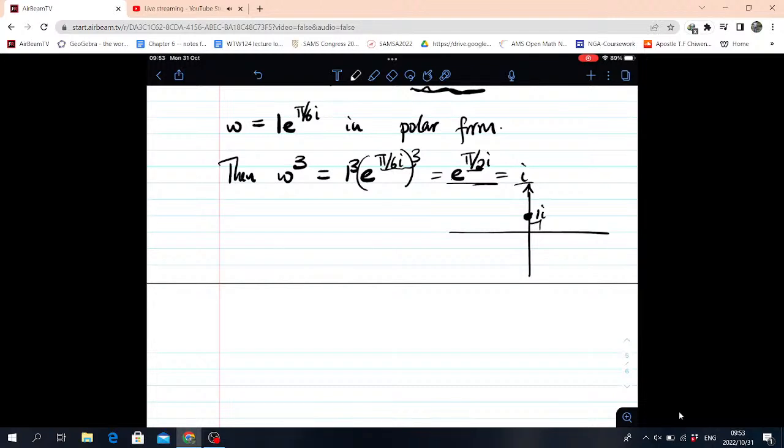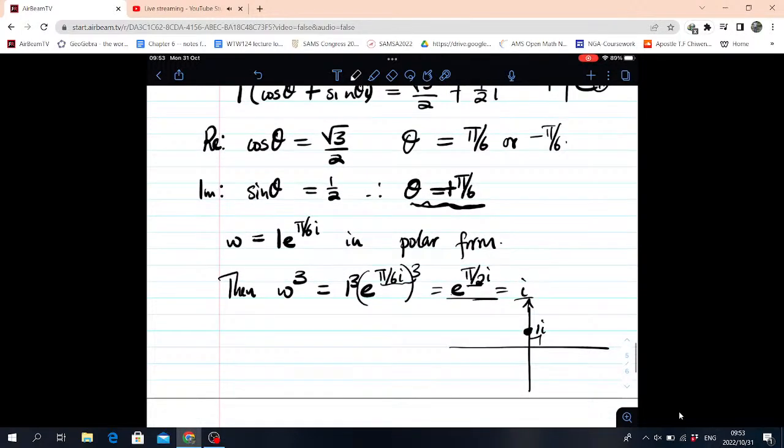So we get that. And there's a question, can we find the argument by computing arctan of that? Yes, so you can also do that. That is perfectly fine. So there are different ways of finding your argument. You can use whichever works for you.